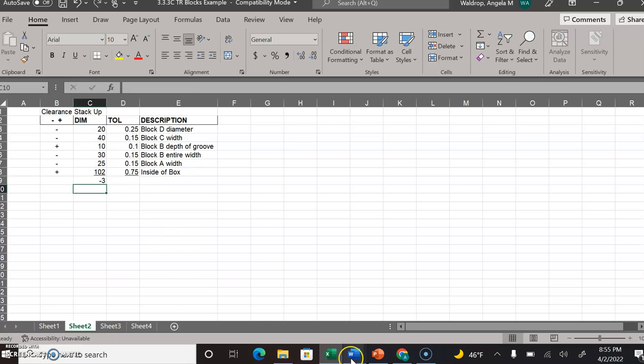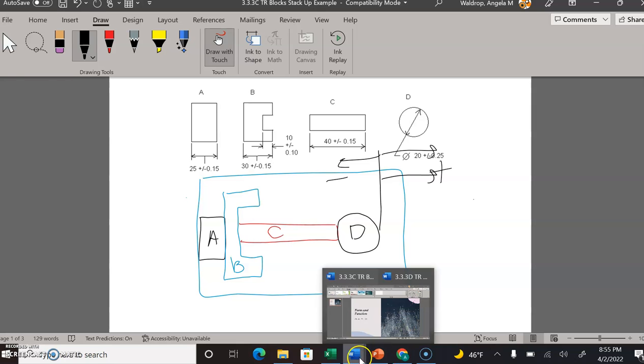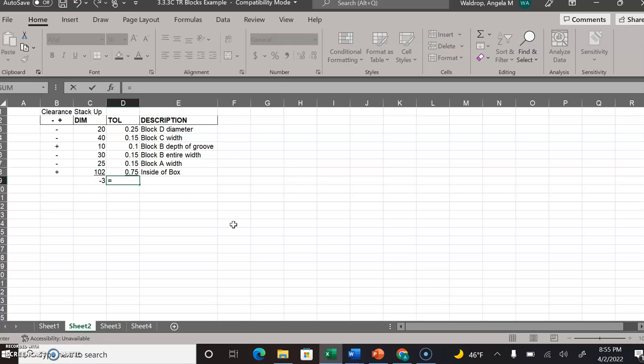Okay, that tells me, if I go back to this picture, that right now I have a negative clearance. And if I have a negative clearance, that means I have an interference. So I will have to go back and fix those dimensions a little bit later. But before I do that, I'm going to go ahead and calculate my tolerance. So my tolerance is just going to be the sum of all these tolerances.